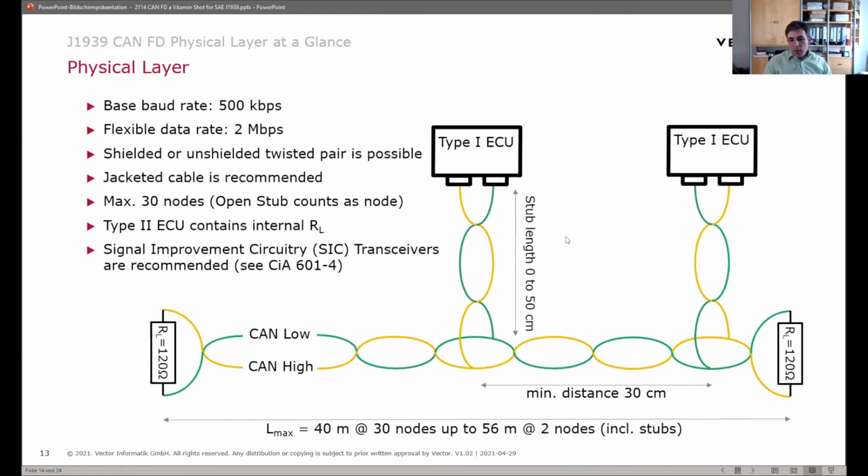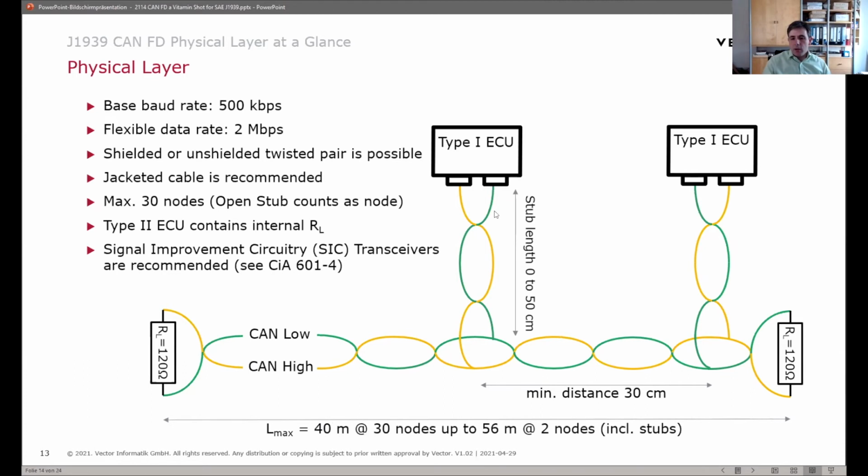And the overall size of the network is about 40 meters. However, the length depends on the amount of ECUs we utilize. It can go up to 56 meters if we only have 2 nodes. So the length practically is somewhere between 56 and 40 meters in total.